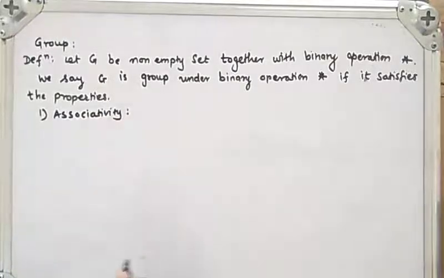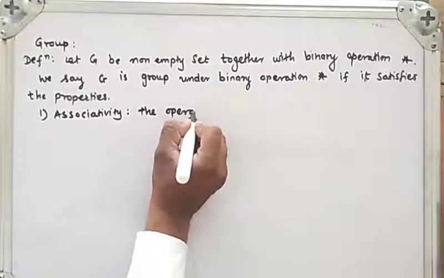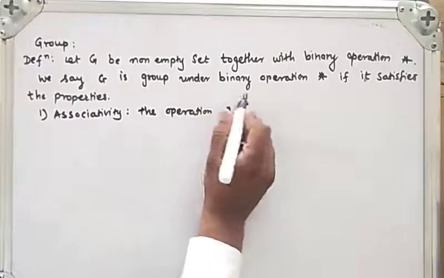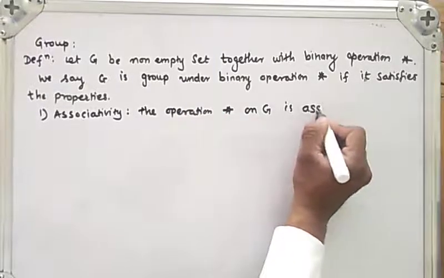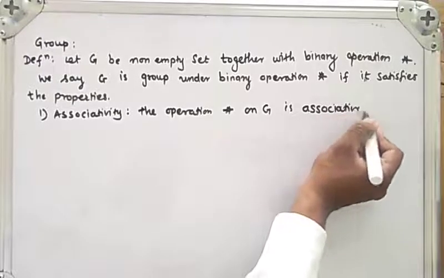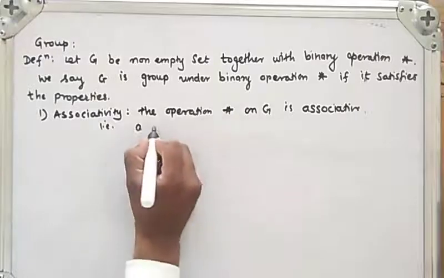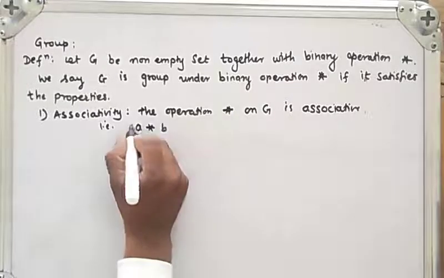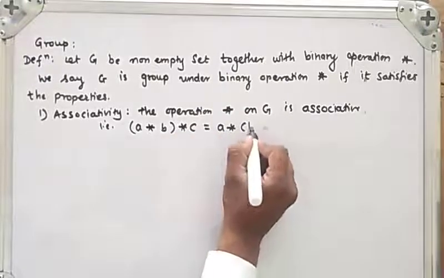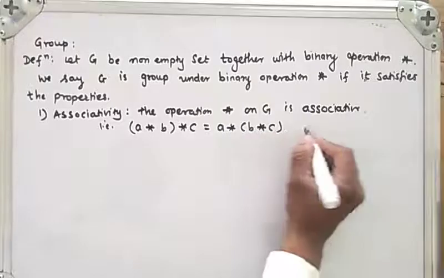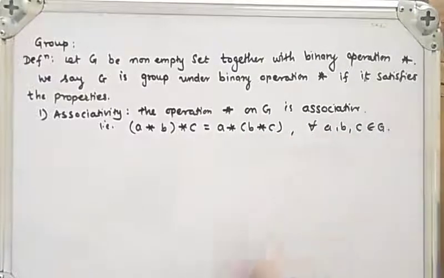For associativity we want three elements, so the operation star on G is associative means that for all A, B, C belong to G, then (A star B) star C is the same as A star (B star C) for all A, B, C belong to G.